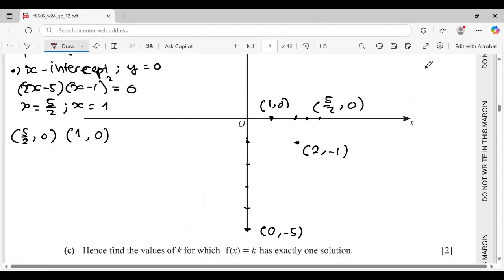You can sketch your graph by yourself like this: 1, 2. This is 2.5, and this is 2 comma minus 1. Okay, this is the graph.